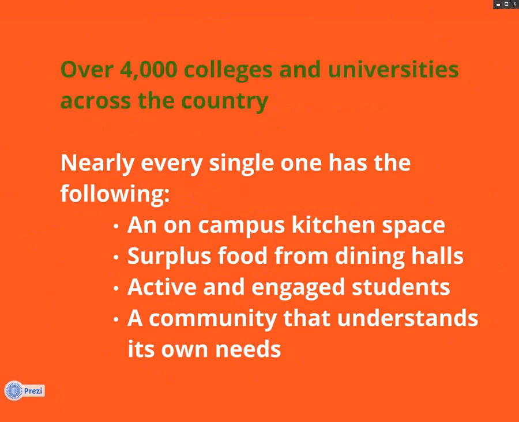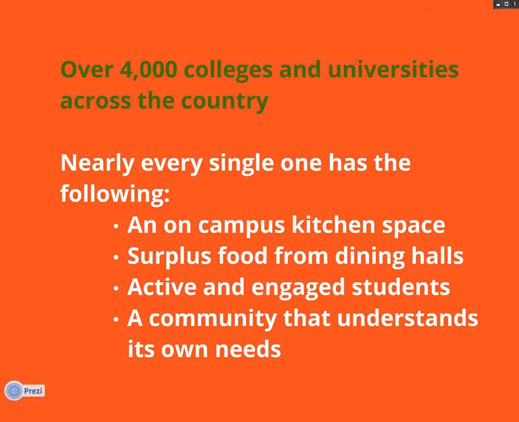Yet another factor to continue to set the context is that these students reside in over 4,000 colleges and universities spread across the country. And nearly every single one of these has four things. One is an on-campus kitchen that's underutilized or not used at all hours.